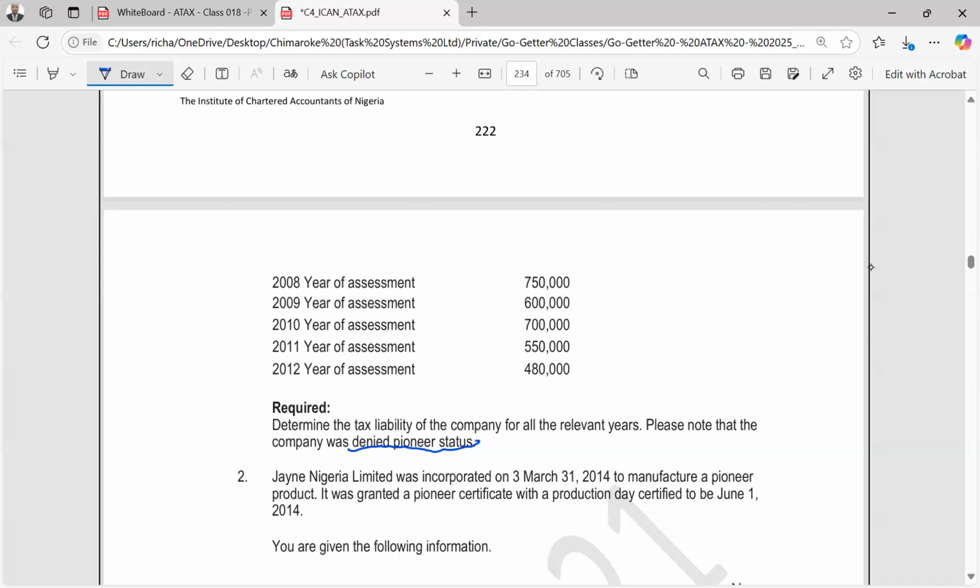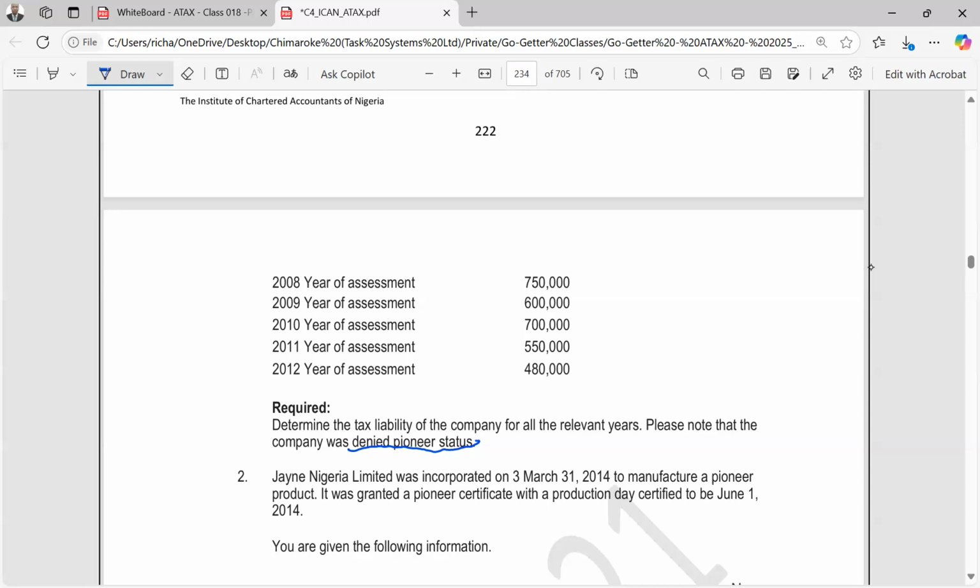But if you were given a production date and the requirement tells you that the pioneer status was cancelled, you will need to know the date on which it was cancelled. And if it is less than 12 months, take it back to the anniversary, which should be the production date. So it is as though the company had not been a pioneer company.